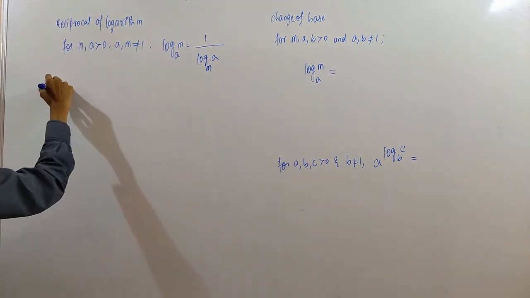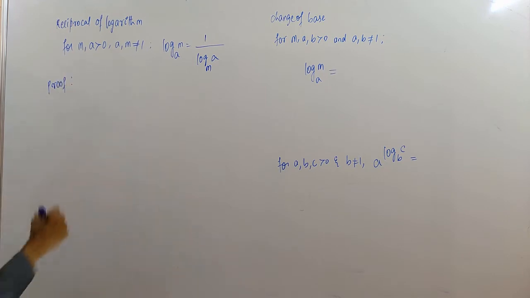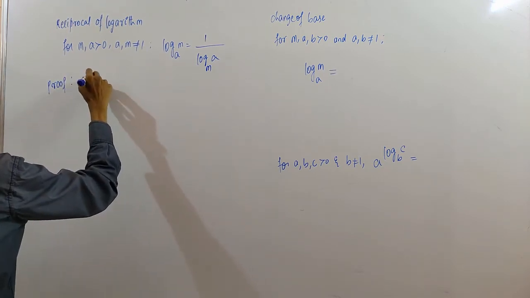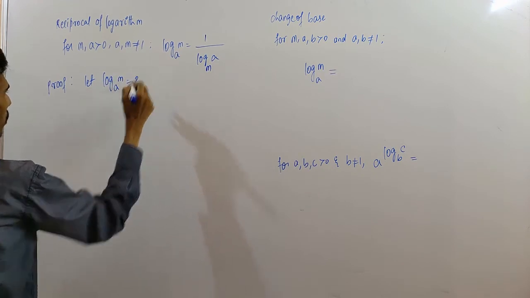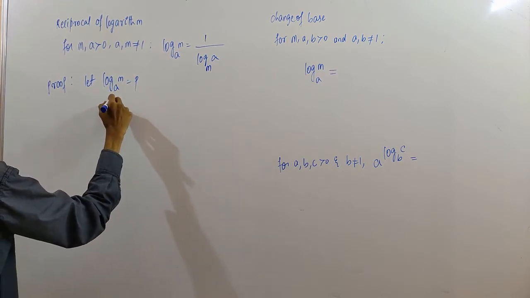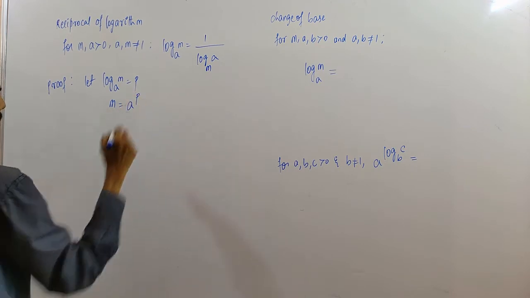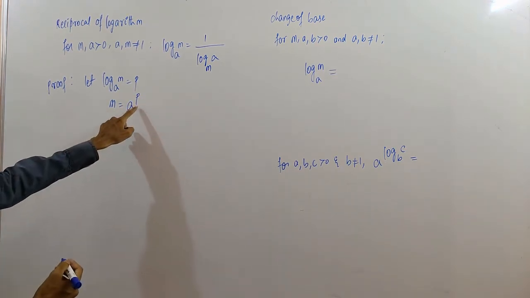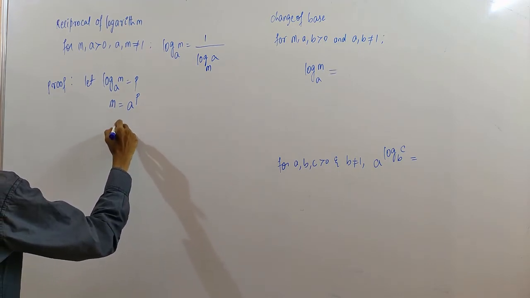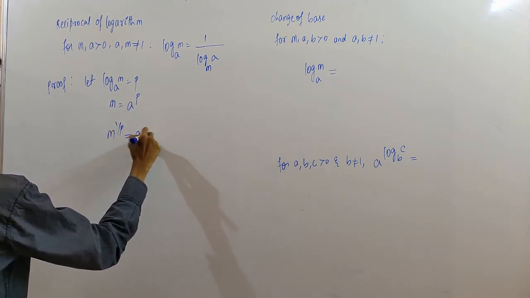Let us prove it. Now we have a proof. Suppose this value is p. Let log m base a equal to p. Send this log a to the other side, it will become a power p, so m equals a power p. Now send this p to the other side, it will become m power 1 by p is equal to a.